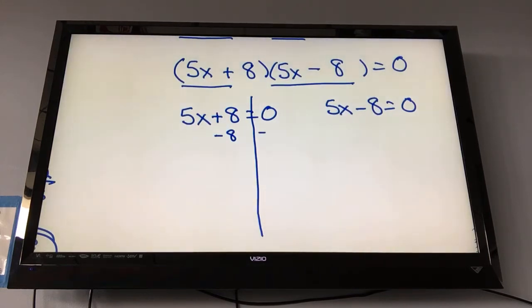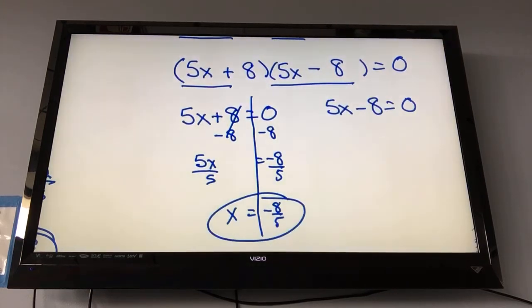Leave the x there. And you got minus 8 on the other side. So 5x equals negative 8, and then divide by 5. So negative 8 fifths. There's never going to be more than 2 steps.